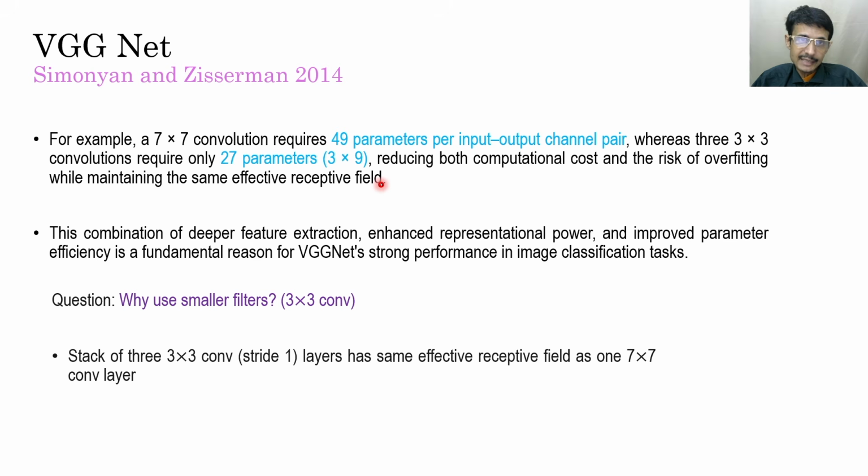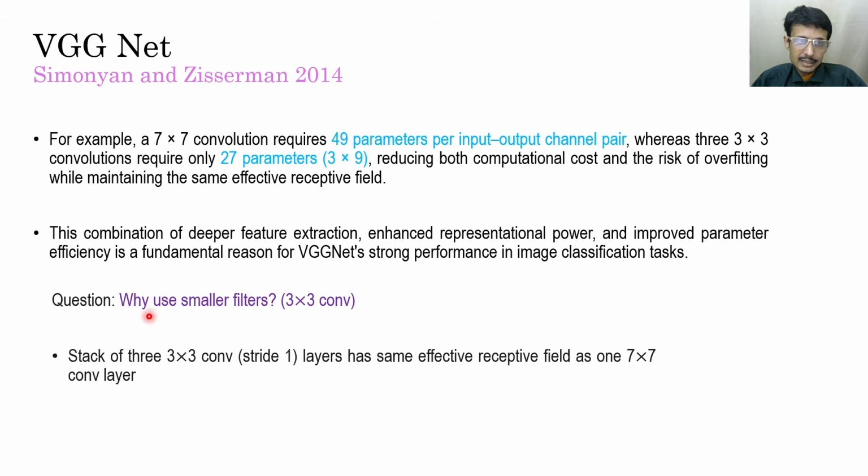So we can get the same receptive field but with fewer parameters. This combination of deeper feature extraction and enhanced expressive power, and its parameter efficiency, is a fundamental reason VGG performed strongly in image classification tasks. So that is very important to understand.